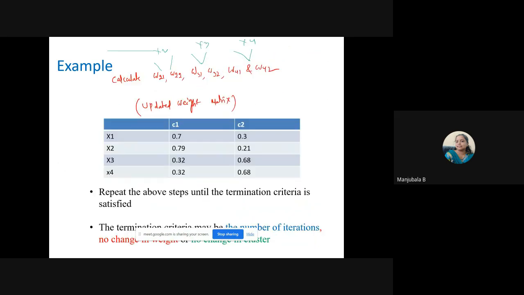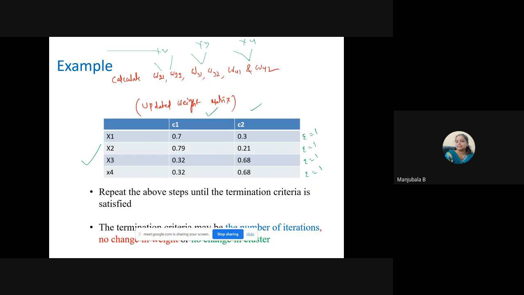After calculating those, you can represent the weight matrix in a tabular structure. There are 4 points and clusters C1 and C2, and in the end all the summations will be 1 only. You can cross verify. If you are getting 1, that means your calculation is correct, right?